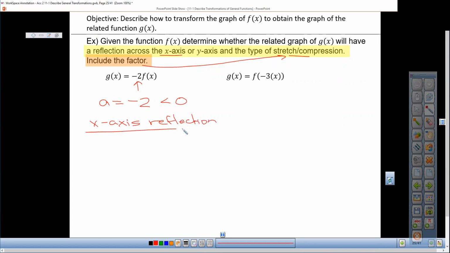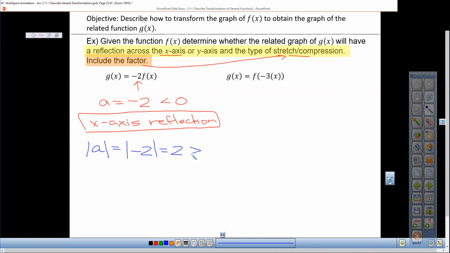I'm just going to put a box around it because I'm going to do some more work for the next part, because the next part is now to figure out stretch, compression, what type, what factor, that kind of a thing. So remember, when you're doing a stretch or compression portion of the problem, you always do the absolute value of your parameter. An absolute value is always positive, and you always at this point compare to 1.